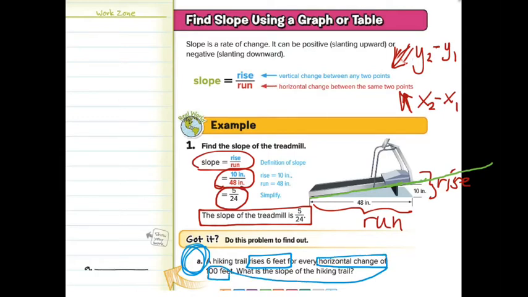Okay, so if we have rise over run, our rise is 6 feet. Our run is 100 feet. Okay, so next to this problem, write rise over run equals 6 over 100.